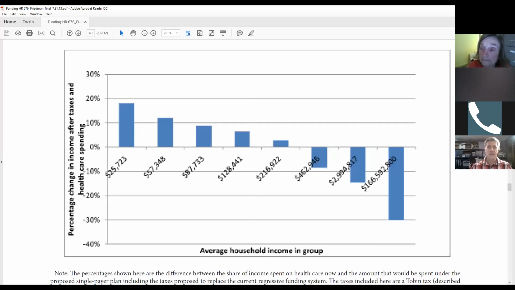That allows us to calculate what the healthcare situation looks like for you today, and then based off of your income and your unearned income, what your healthcare expenses would likely look like if we went to Medicare for All.